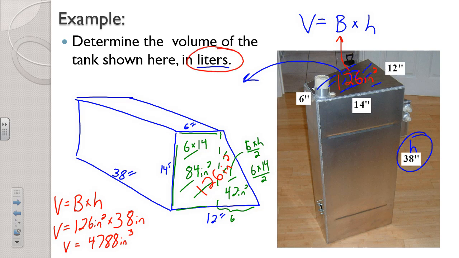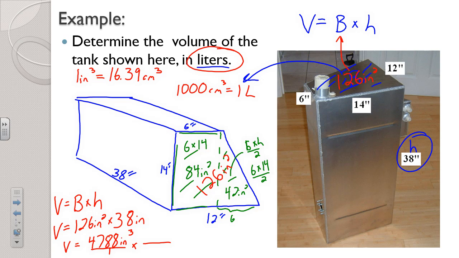So 4,788 cubic inches, let's put that over 1. Now to find a path, and again your conversion sheet will be useful here, we know that 1 cubic inch is 16.39 cubic centimeters, and we know that 1,000 cubic centimeters is 1 liter.